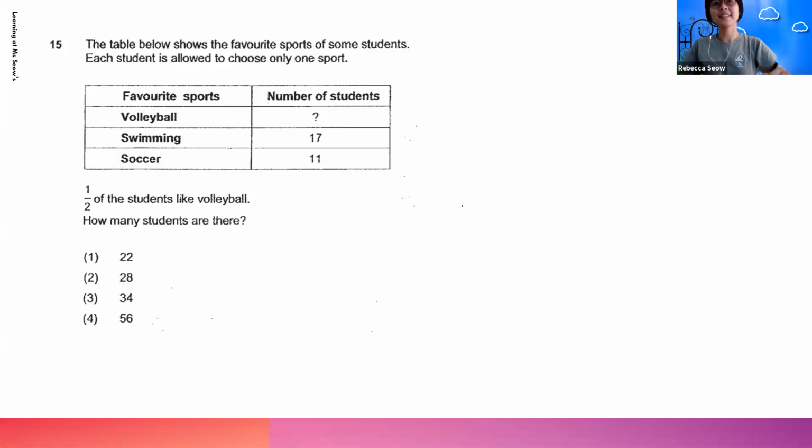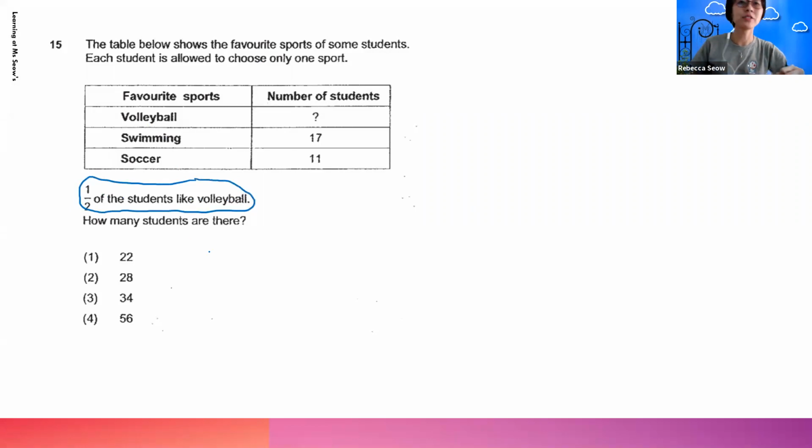Okay, all right, let's take a look at this question. Question 15. The table below shows the favorite sports of some students. Each student is allowed to choose only one sport, so there is no overlap of selection. Half of the students like volleyball. Now, what can be observed from just this sentence here?